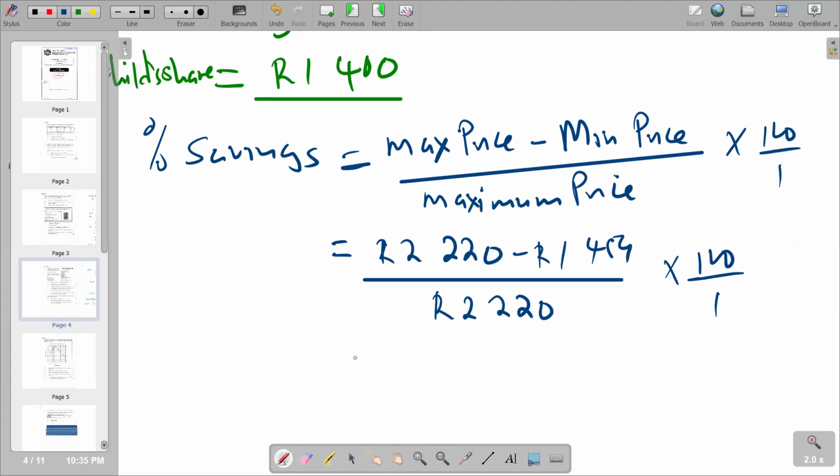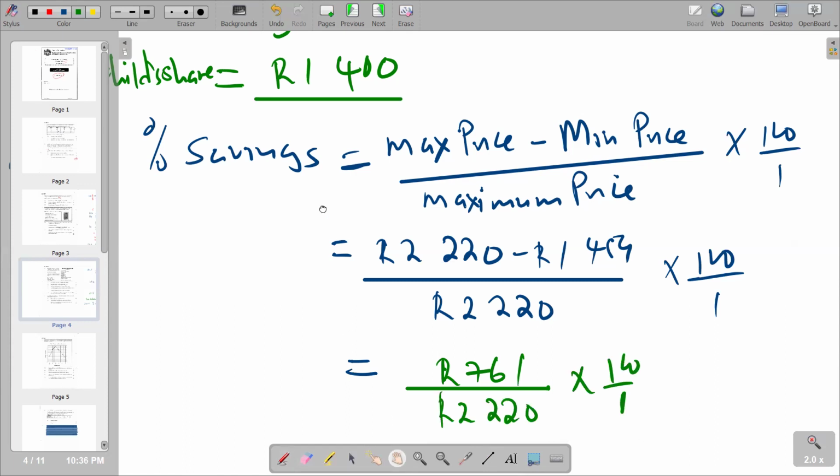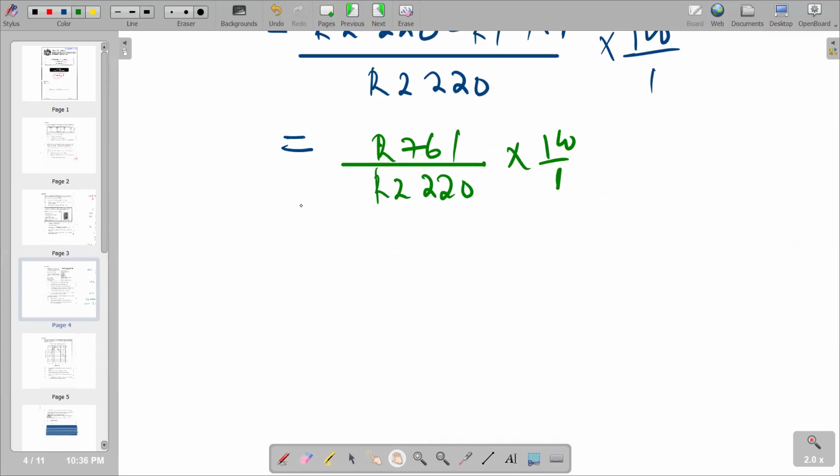The answer that you're supposed to get becomes 761 rands. Then obviously you divide it, multiply by 100 over 1. Then we calculate it there, and see that the answer is about 34%. So this becomes your final answer. So this is what we have, our 2.2.1.